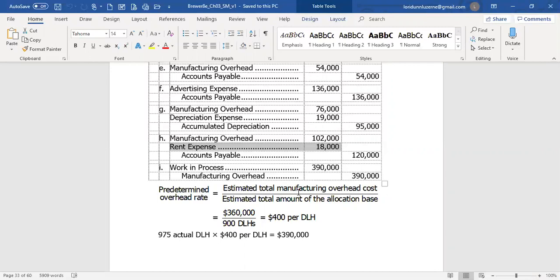So how much predetermined overhead should there be if there were 975 in direct labor hours? Multiply that by 400. So we take 390,000 out of the manufacturing overhead account by crediting it and debit our inventory account work in process. We've just now increased the inventory for all these other costs that are not direct labor or direct materials.